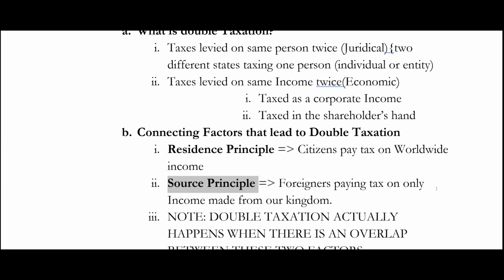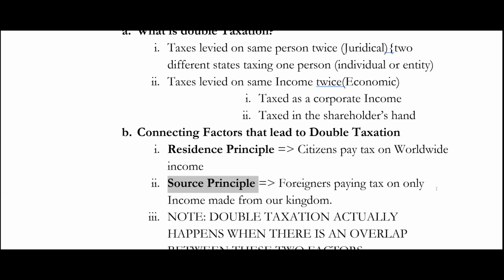Now, if I'm a citizen and I go to the foreign country, okay, I go and pay tax there. The income that arises, doesn't it arise from their kingdom? It does, sir. So is it at source?